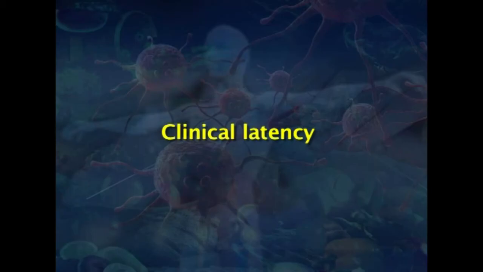Now, clinical latency. After this phase, the individual may be asymptomatic for years. Most HIV infected persons have no symptoms and many are not even aware that they are infected. The danger lies in their ability to infect other people unknowingly.